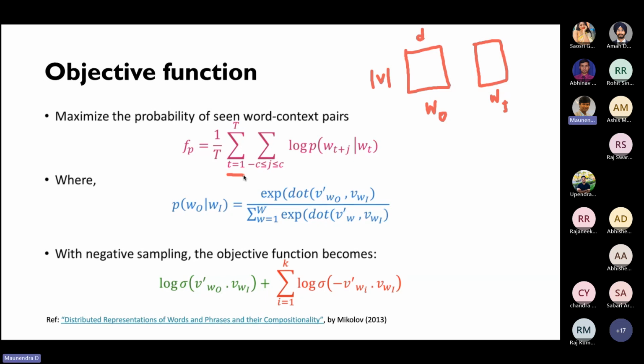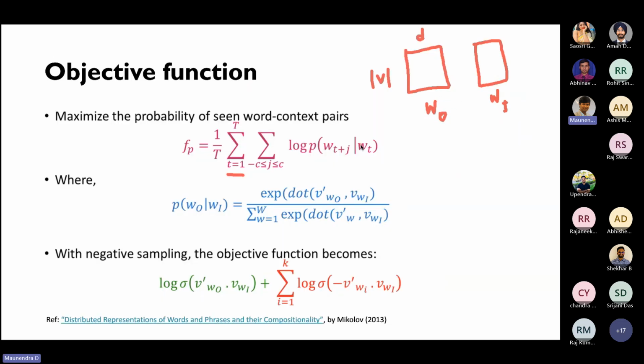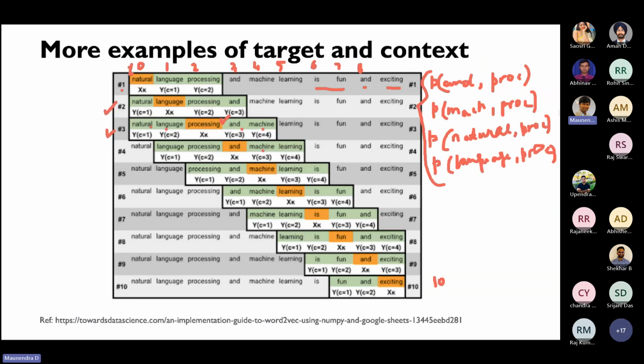All right, now let me come back to the computation part. In this example, when we fix our t equal to 3, we have these probabilities to be computed and then summed over. Now these are words, so how do we get the corresponding numbers so that we can compute something mathematically?